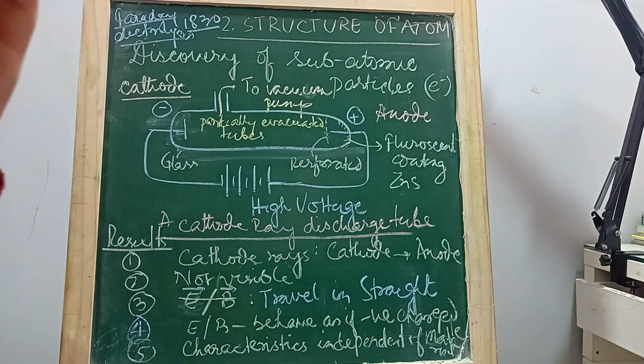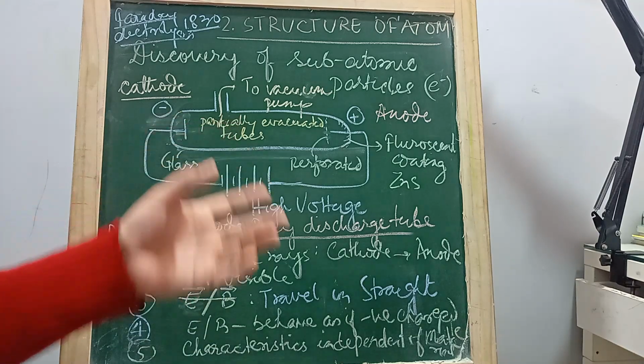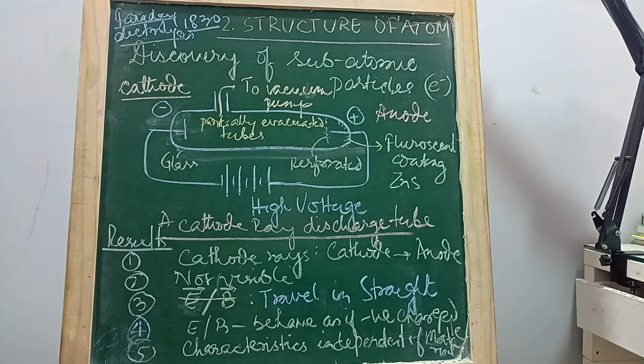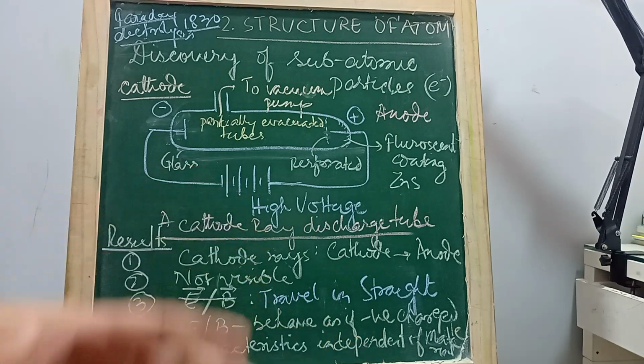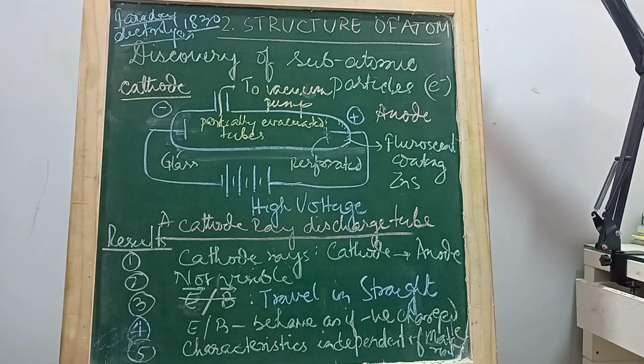So later on, in the late 19th century or early 20th century, experiments were conducted which proved that atoms contain subatomic particles. Atoms can further be subdivided. They contain smaller particles, or subatomic particles, like electrons, protons, or neutrons.